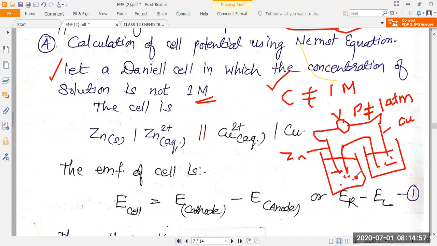Here is zinc sulfate solution. Now we have to find the cell potential if the concentration of the solution is not 1 mole. In the standard case, we take the concentration of the electrolytic solution as 1 mole, but if the concentration is not 1 mole, then we use the Nernst equation. So this is the standard cell equation, with Zn in solid form.